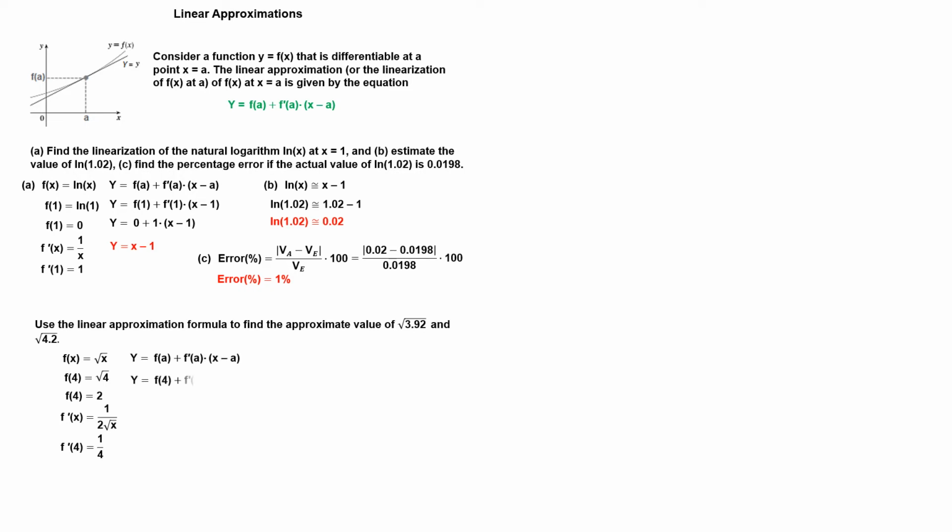To find the square root of 3.92, we replace x with 3.92. And to find the square root of 4.2, we replace x with 4.2. Let's see the next example.